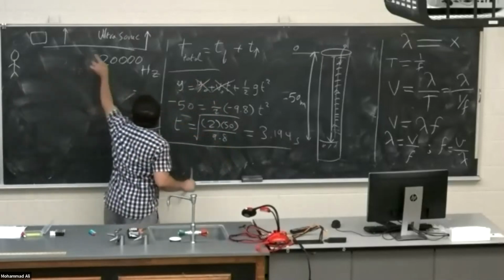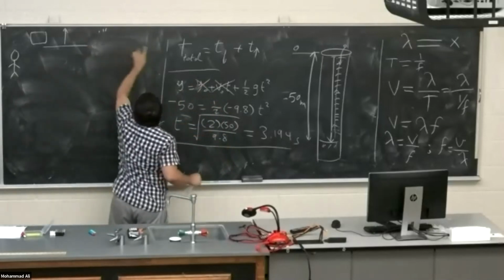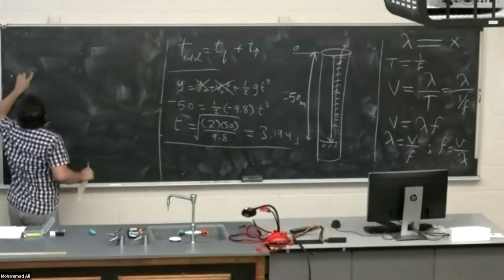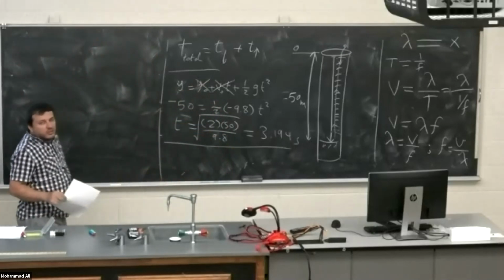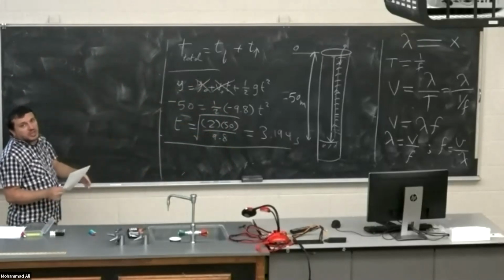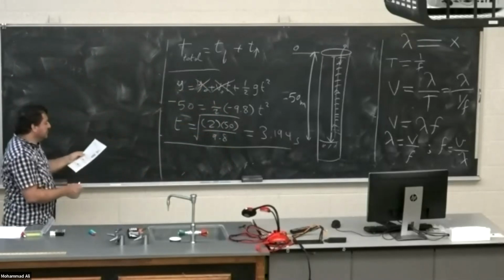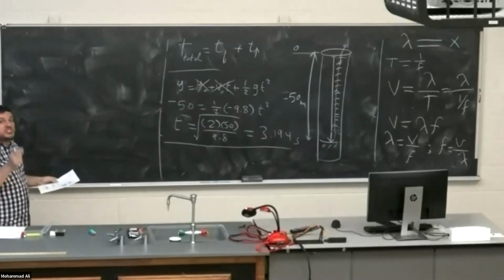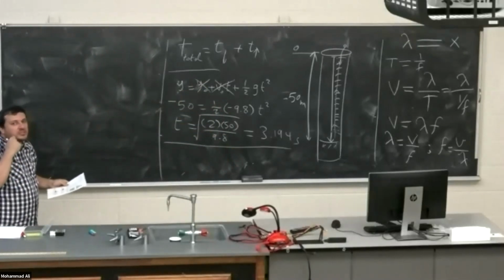Now, what about the sound? It is 50 meters. It is not a far distance, a long distance, and it is not small also. It needs time, and this time is distinguishable by our ears.